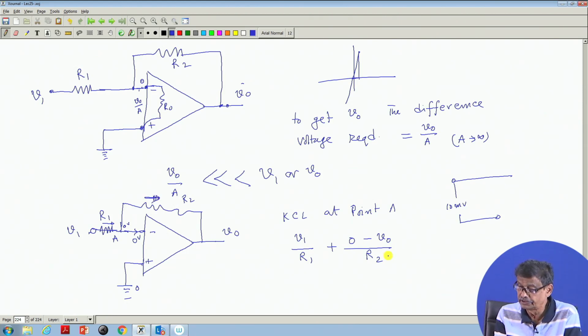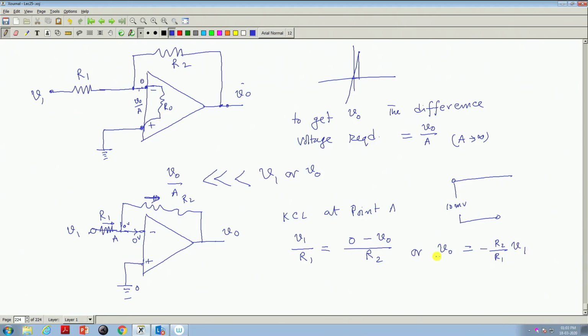So, 0 minus V naught divided by R2, and these two should be the same. Or you will get V naught equal to minus R2 by R1 into V1, that is all.